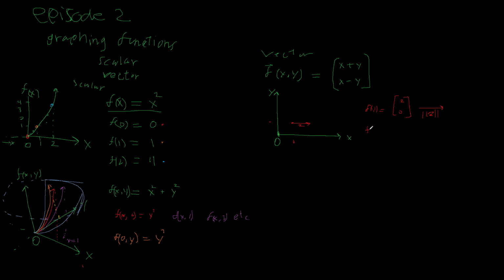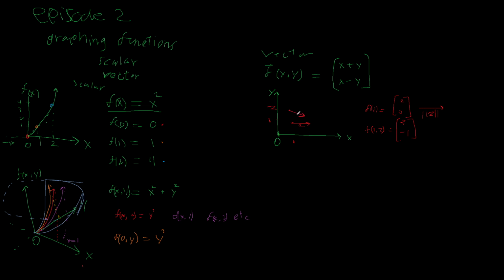And then what about the point f of 1 and 2? Well, this is going to be 3, and then 1 minus 2 is minus 1. So that's going to give us 3, minus 1, and then here's 2, 1. At this point, we have a vector that goes 3 to the right and 1 down.